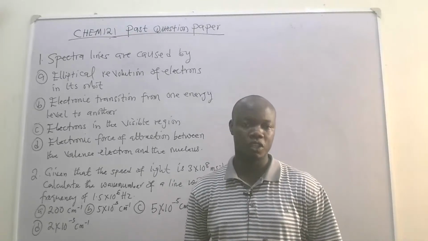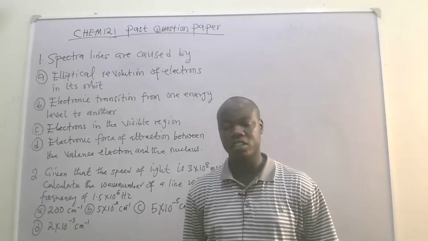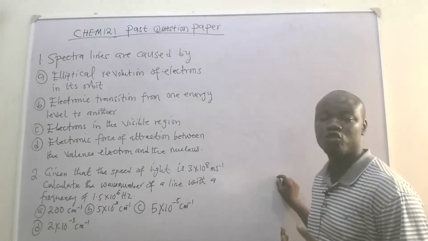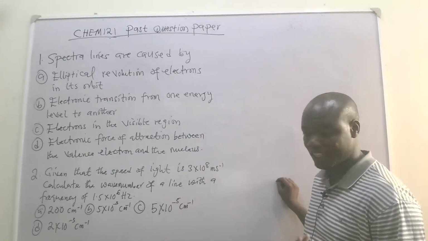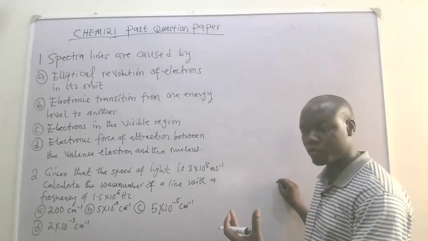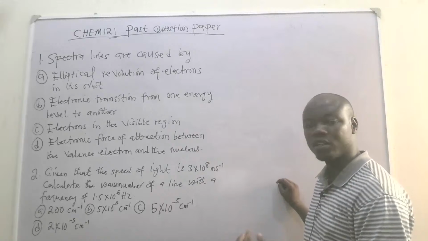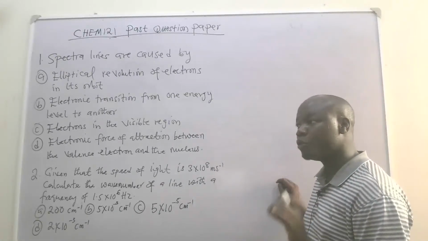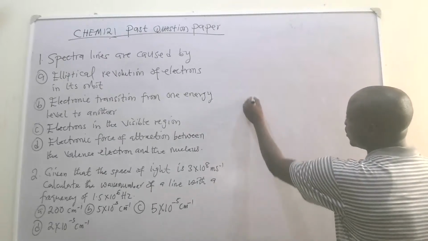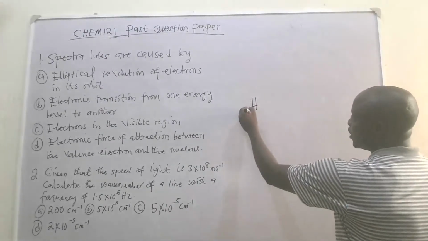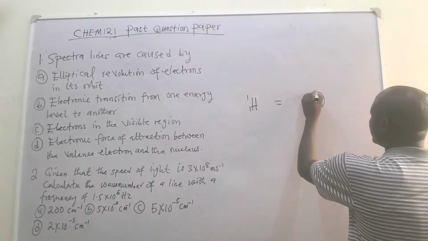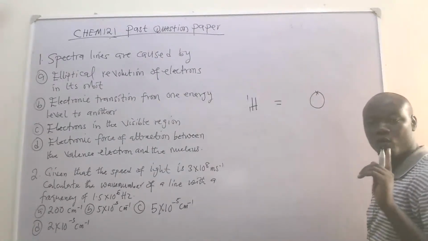What is atomic spectra? When we say atomic spectra, it's the types of electromagnetic radiations in which electrons move from lower energy level to higher energy level, or it occurs as a result of emission spectra or absorption spectra. If you have an atom, let's say hydrogen, which has atomic number one, the first shell will accommodate one electron.